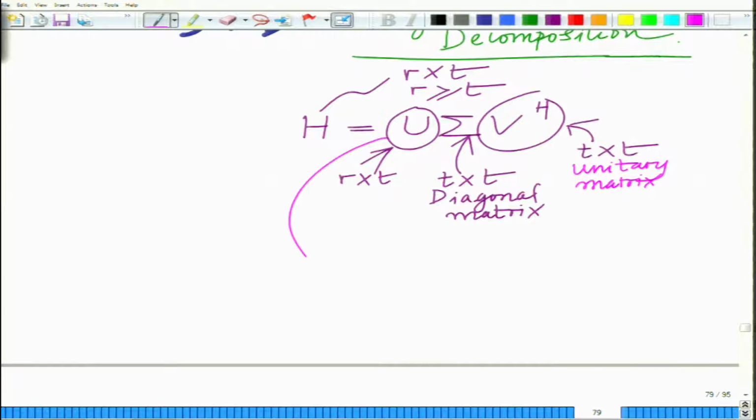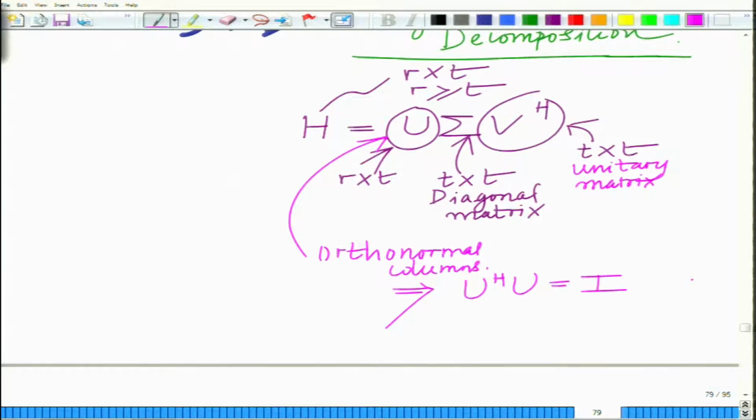Now, U has orthonormal columns, which implies that the columns are orthogonal to each other and of unit norm, and therefore, if you perform U Hermitian U, you will get the identity.